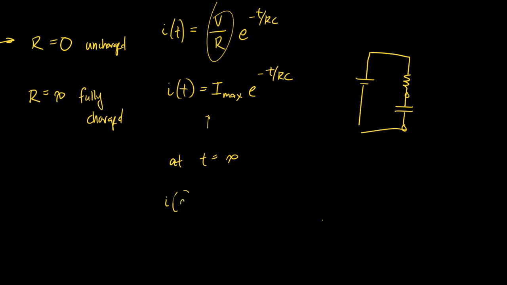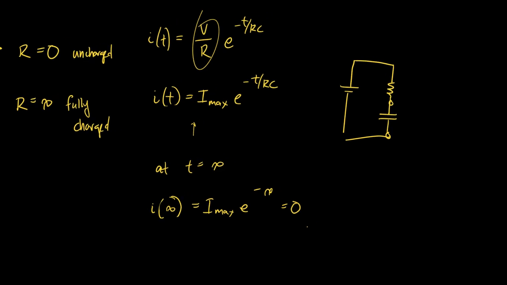So I at infinity, which just means after a very long time, equals I max e to the negative infinity. You've had calculus. E to the negative infinity is what? 0. There's no current in the circuit at infinity.